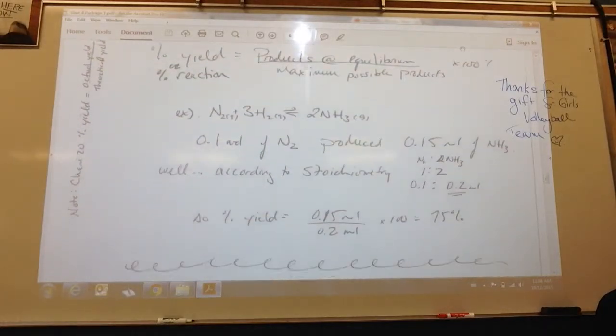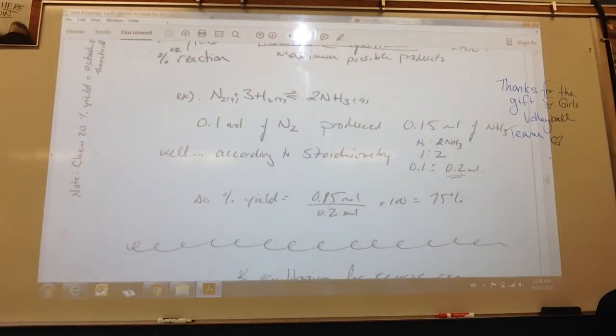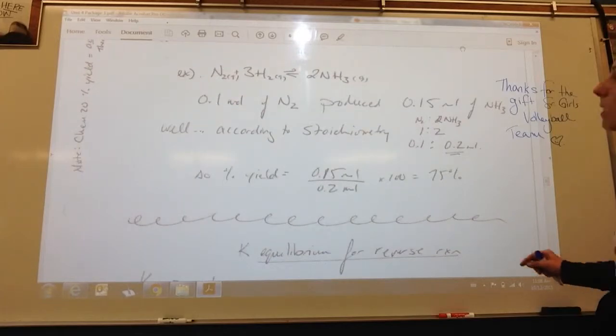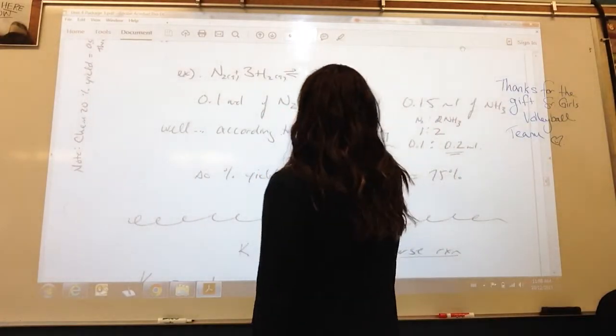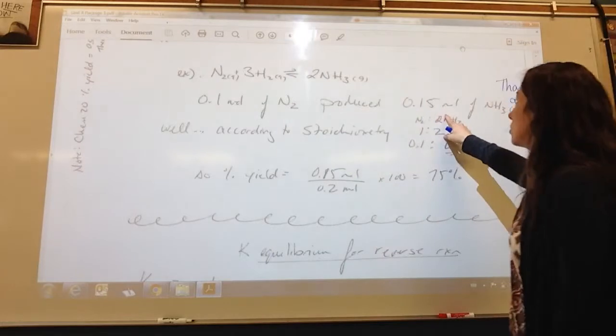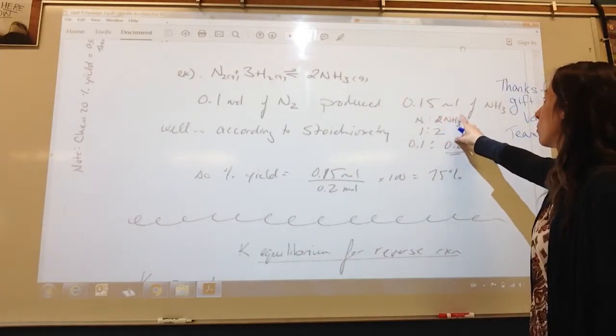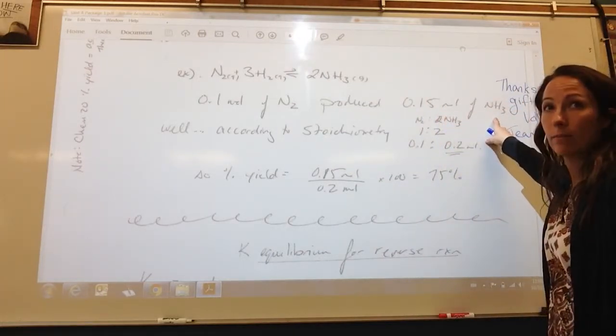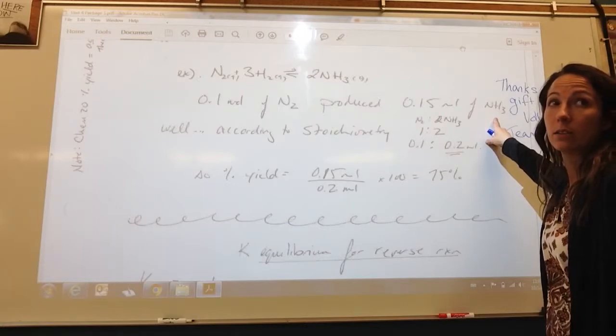Okay. And we're going to talk about that equilibrium a lot this unit. If I take 0.1 moles of nitrogen and we produce 0.15 moles of ammonia, that's the fact.